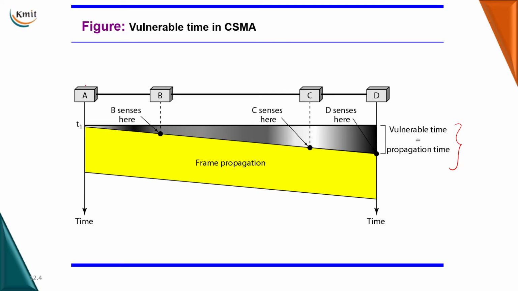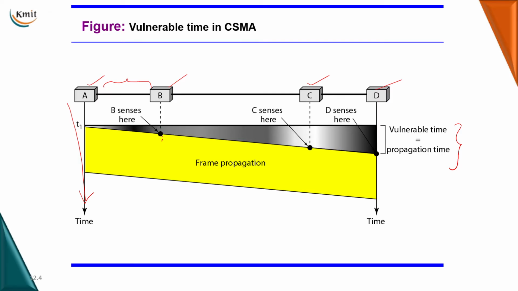Assume that we have stations A, B, C and D connected like this on a single channel shared by multiple devices. This is how time is increasing. Station A transmits the frame at time t1. The time for the first bit of the frame to propagate is called the propagation time. Depending on the distance from A to B, the first bit of A reaches B at this point, so B will sense that station A has transmitted the frame.